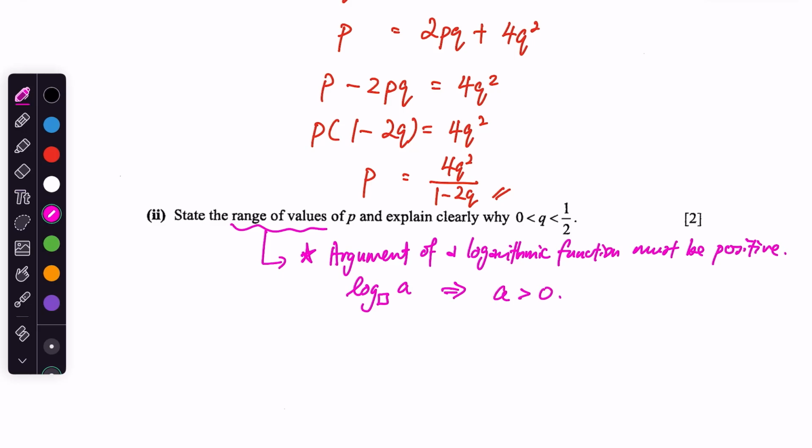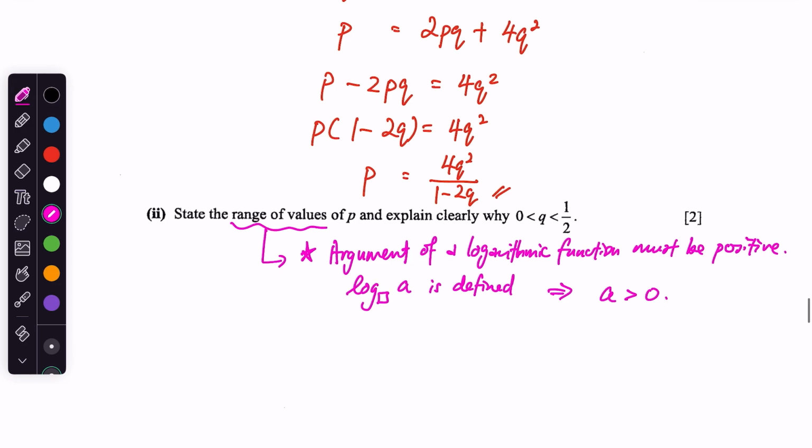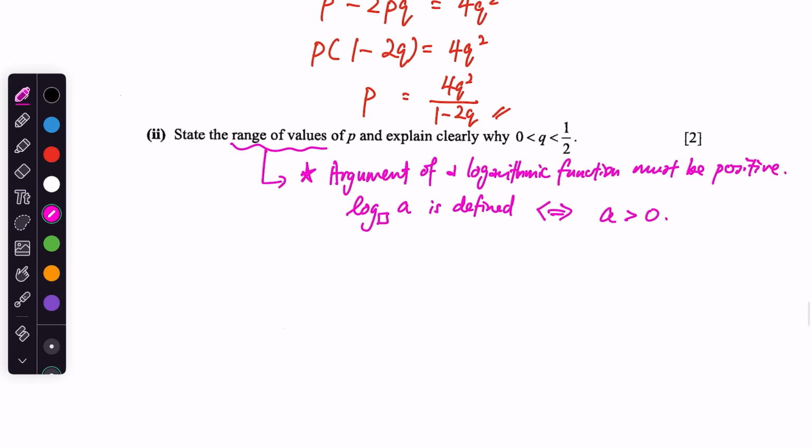Actually, if this is defined, then a must be more than 0. Or if a is more than 0, then this logarithm term is defined. Okay, so in this case, state the range of values of p.